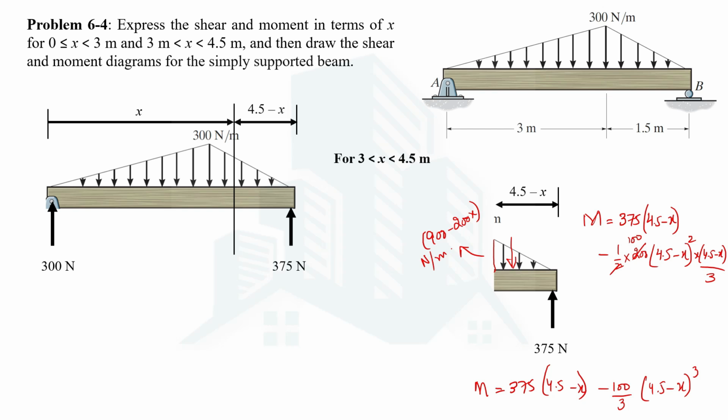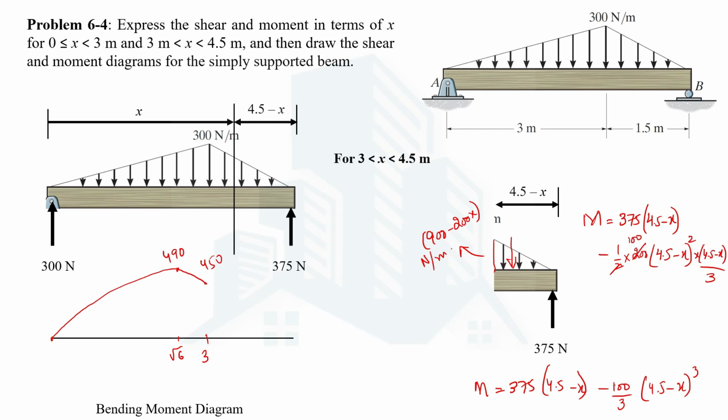Now let's move on to drawing the bending moment. So this is what we have previously, and if we put the value of 3 in this equation, we are going to get the same bending moment. But if you put the value of 4.5, then you can see this term will become 0 and this term will also become 0. So then the bending moment will be something like this. It will obviously be a curvature of third degree varying in this way. So this will be 4.5 meter away.